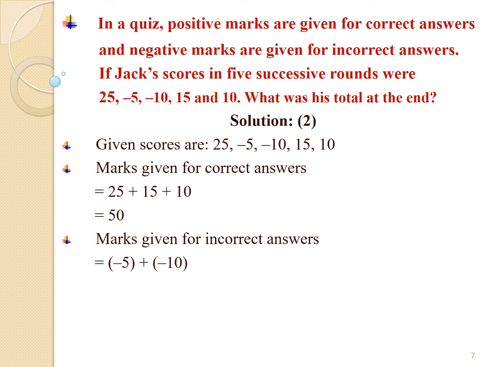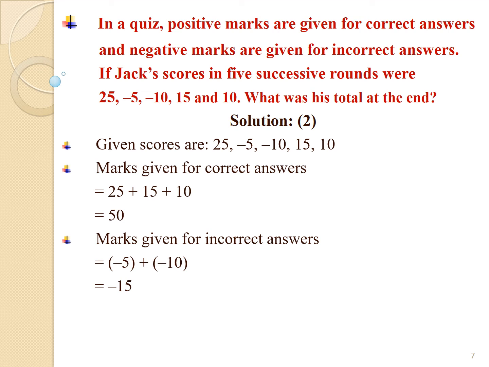Now, adding 10 to 5 as a whole number by ignoring minus sign, we get 15 and placing minus sign before 15 as common sign or same sign is minus, we get -15. Thus, the marks given for incorrect answer is -15.